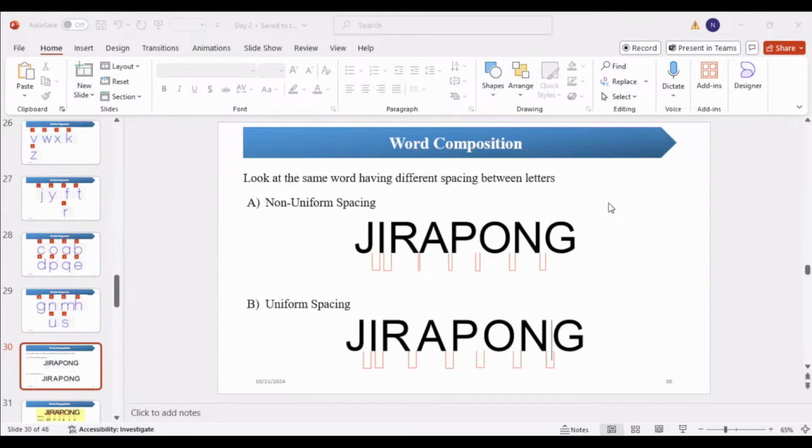Okay, let's look at the non-uniform. Good. Thank you for your answer, Kusal. Okay. So now we prefer non-uniform spacing.